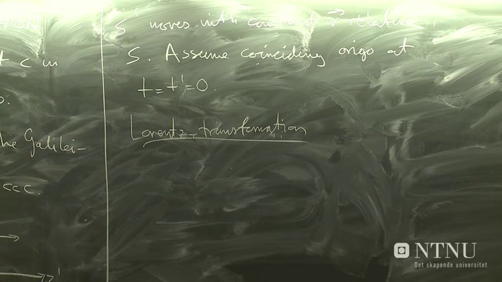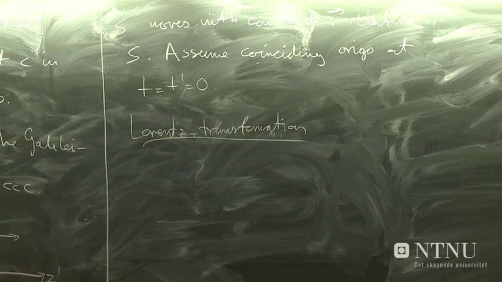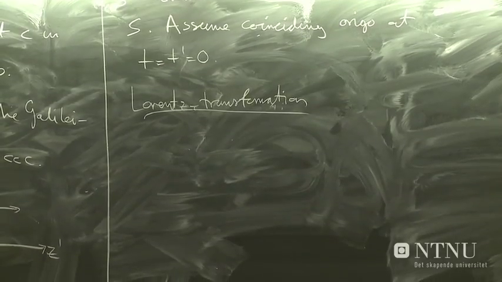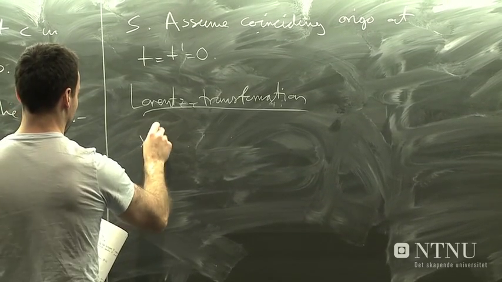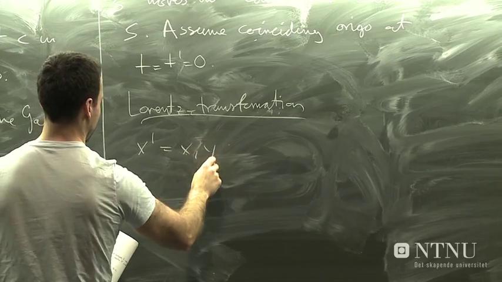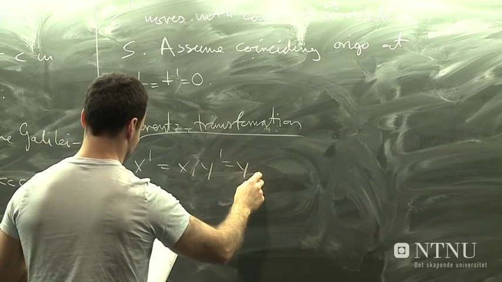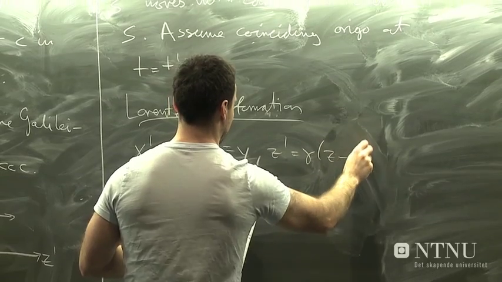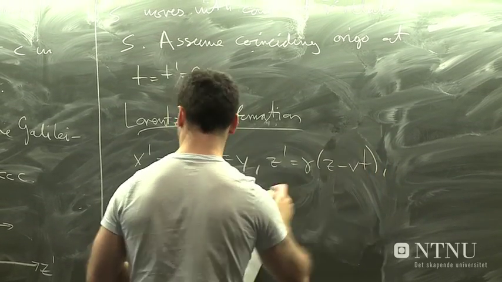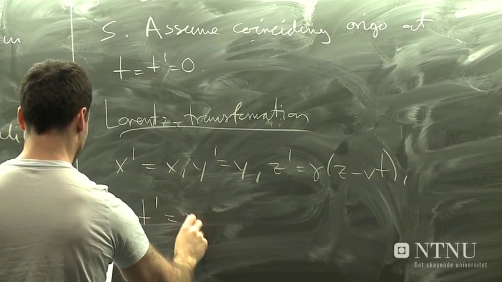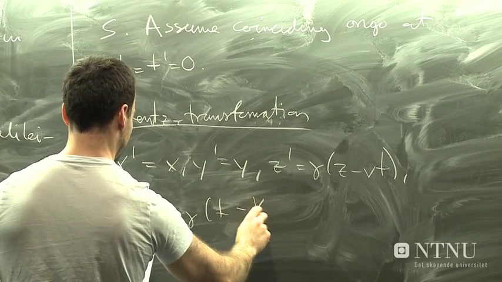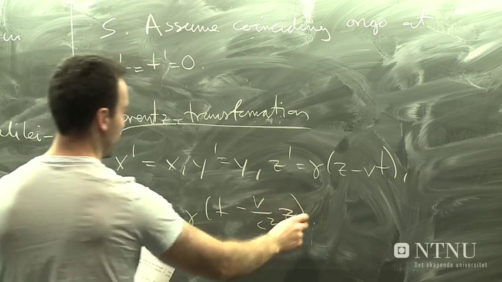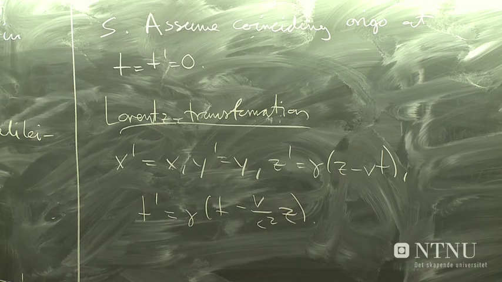So the Lorentz transformation when going from one set of coordinates to the other, in this case, looks like this.